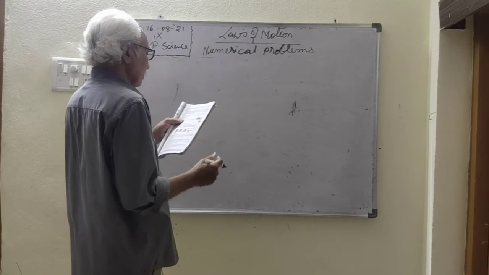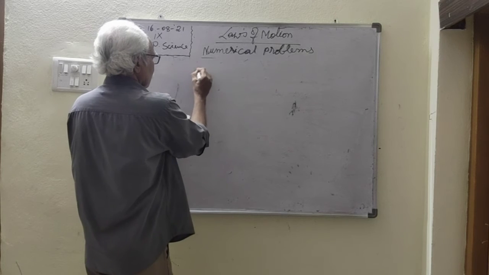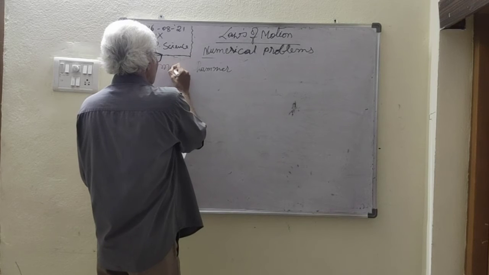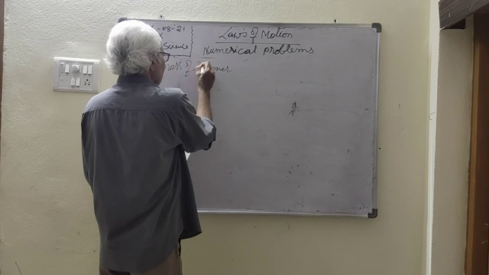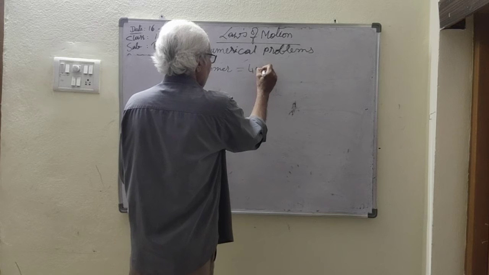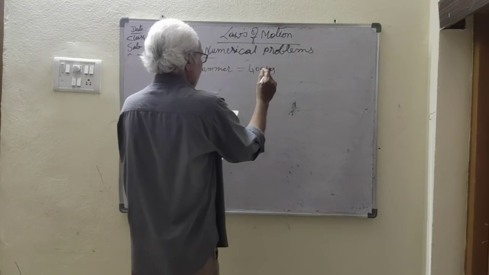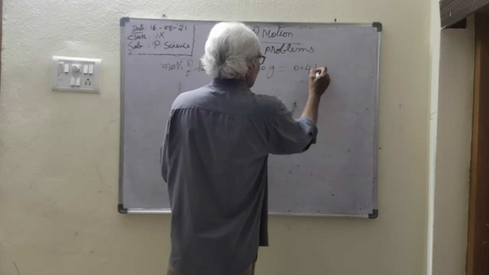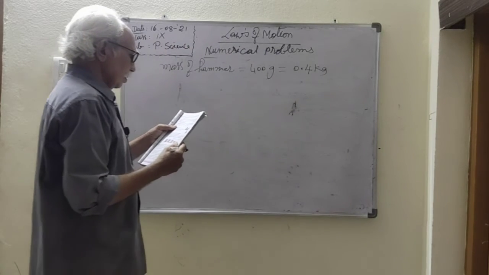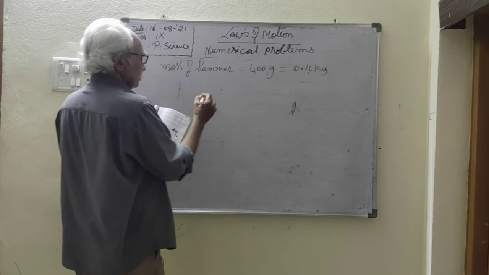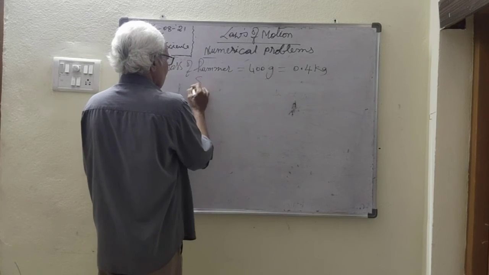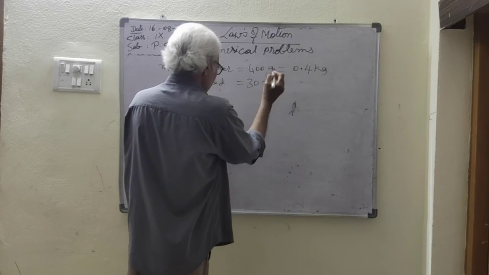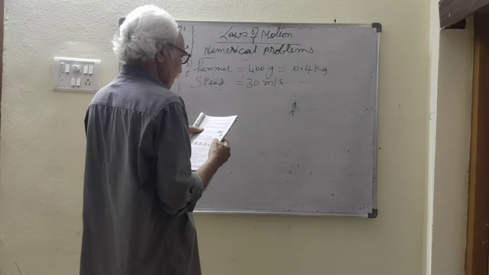Here, a hammer of mass 400 grams, that is 0.4 kg, moving with a speed of 30 meter per second, strikes a nail.